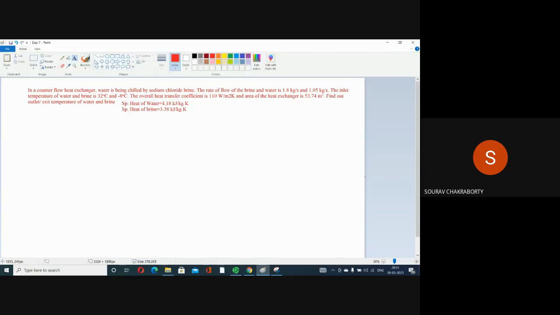First of all, what is our condition? Let me draw the diagram first. This is counter flow, so our condition will be like this. They are flowing in opposite directions. The hot fluid is flowing like this, and this is the flow of the cold fluid.